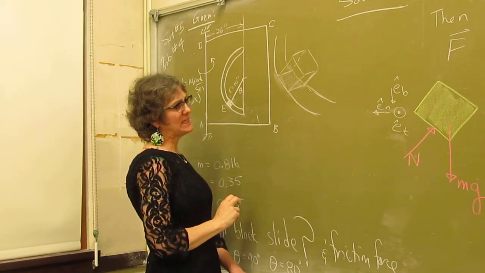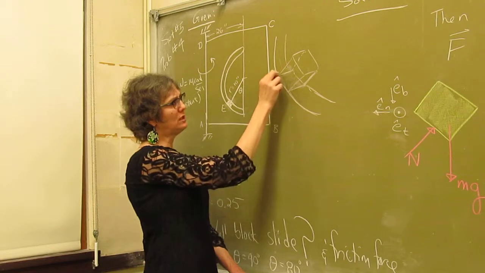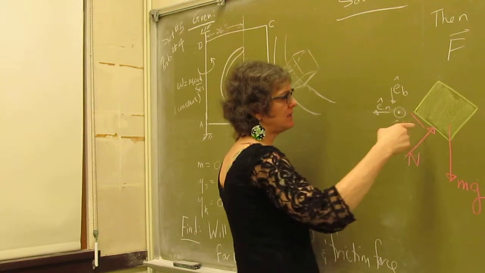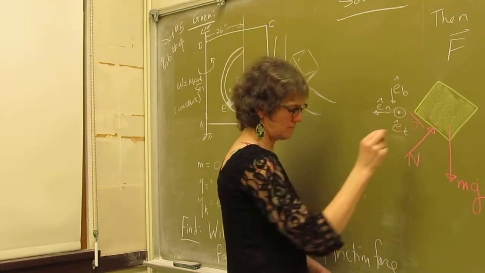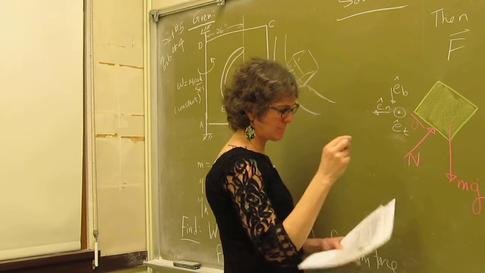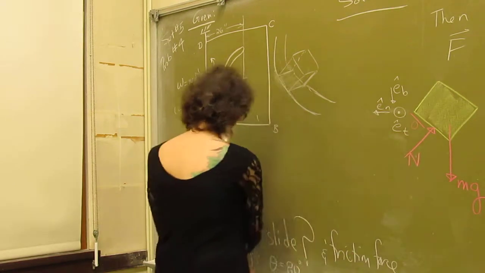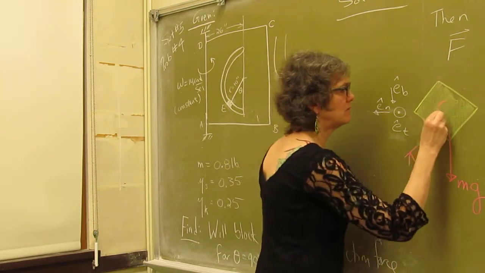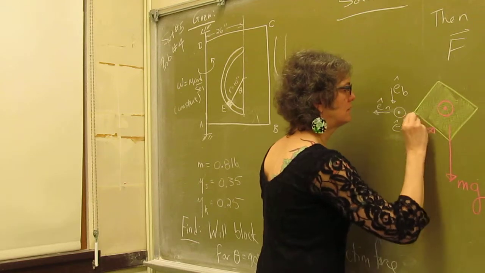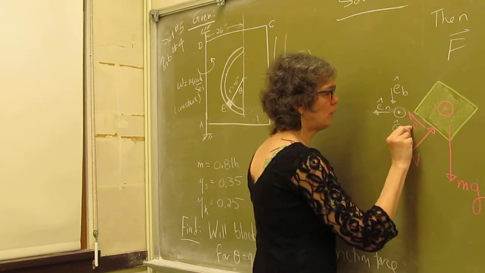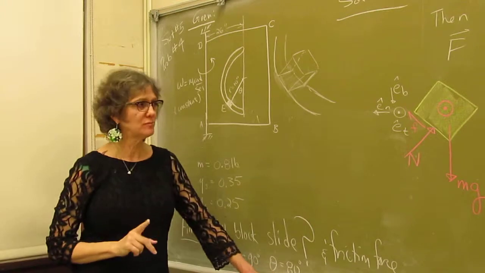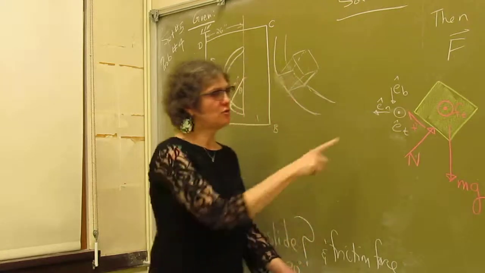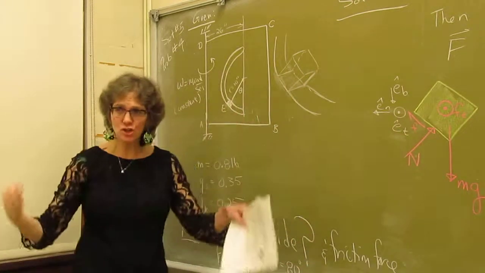We could actually break it into two components, one in this direction, and I'm not going to show the arrow, and then one in the ET direction. It's getting a little messy, but let me see if I can put it in a position. Here, I think I'm going to do this. Okay, so here's one component of the frictional force, and I'll call that F, and then I'll call this one FT. So between these two, that's the total frictional force.